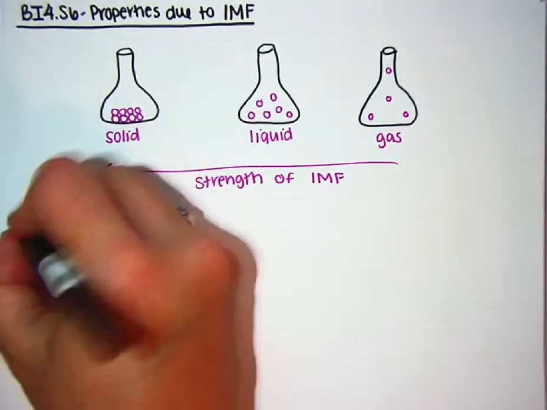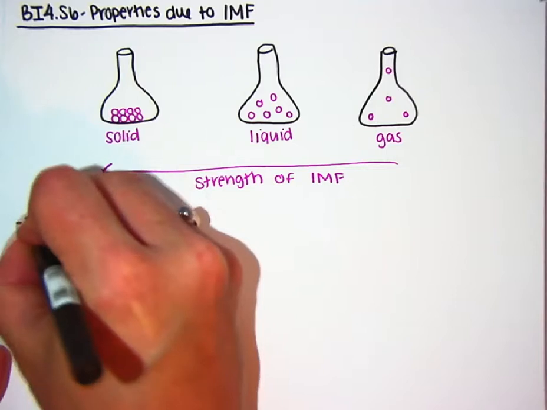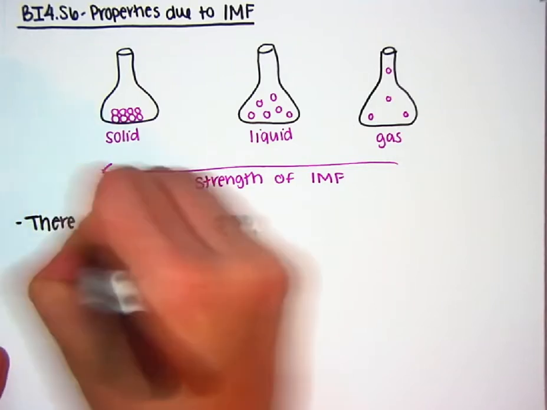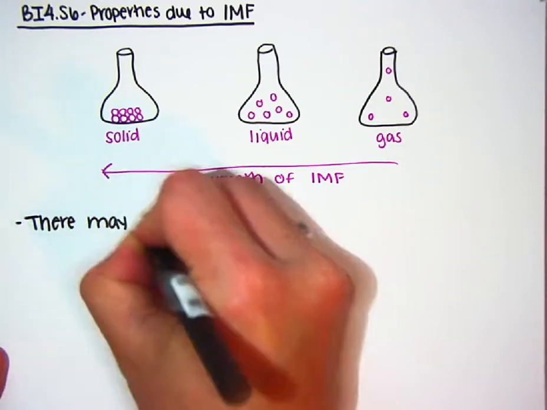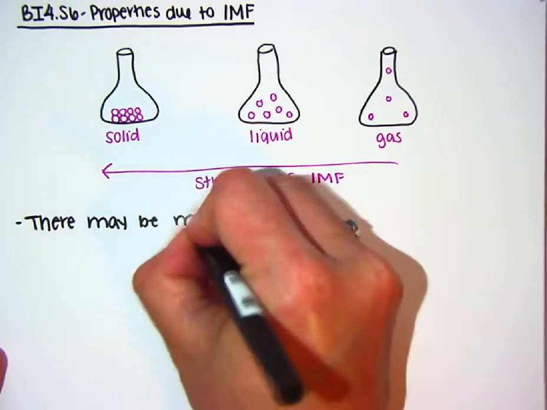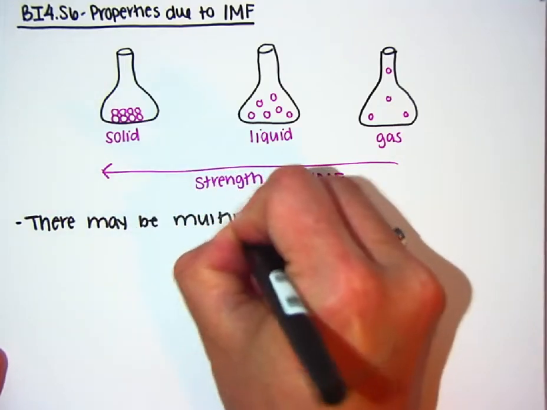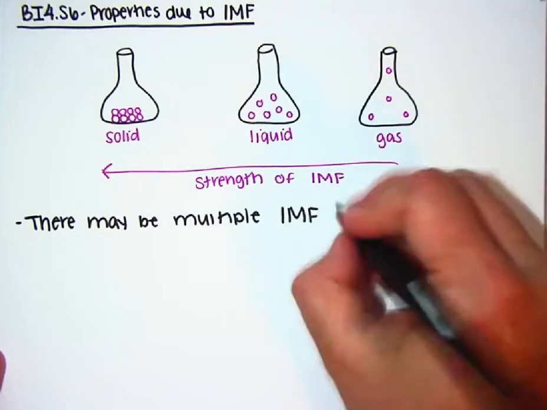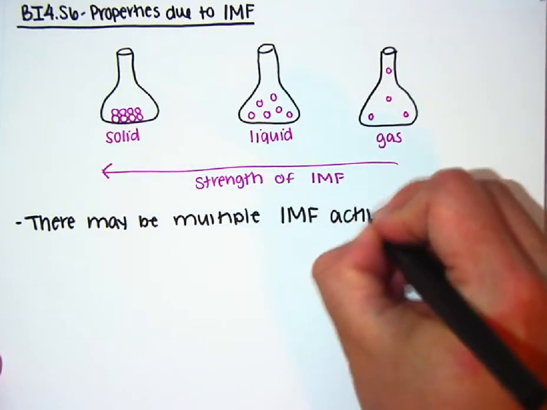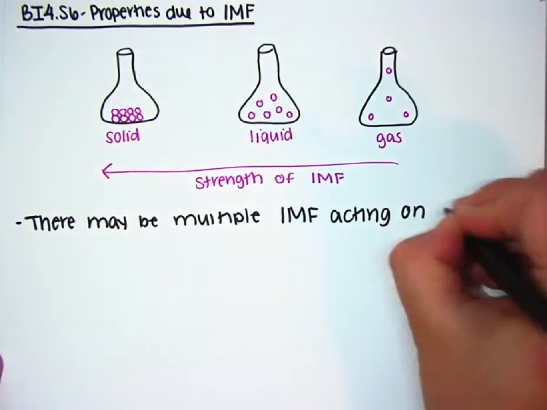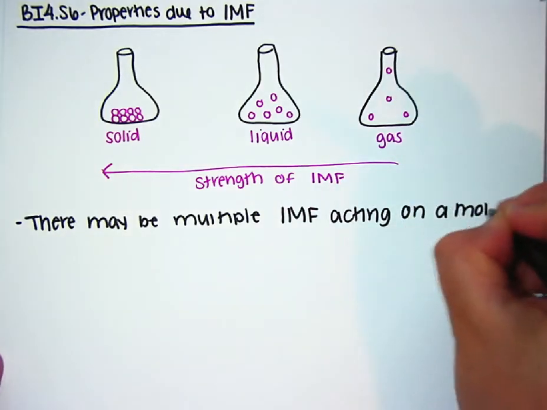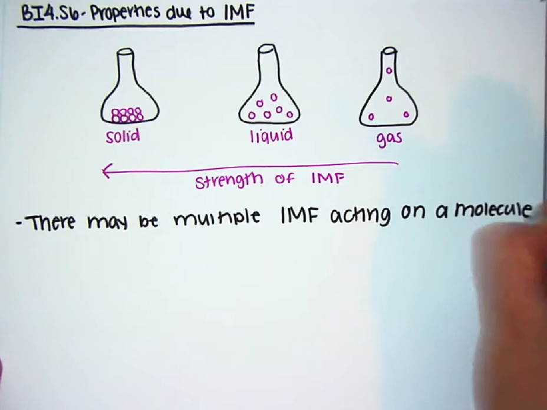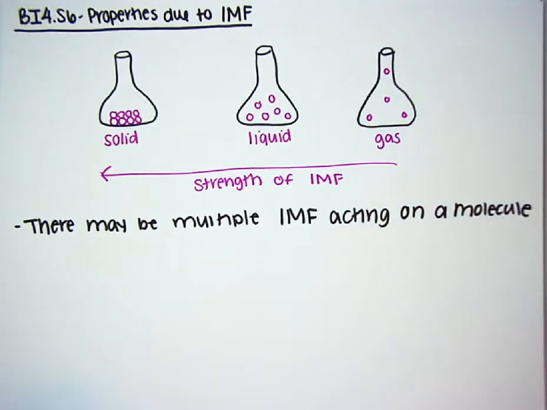We saw in the last lecture that there may be multiple intermolecular forces acting on a molecule. Maybe it has London dispersion forces, dipole-dipole, and hydrogen bonding.